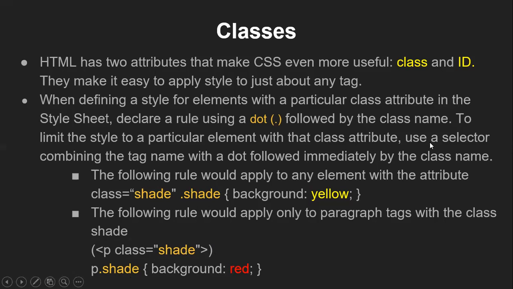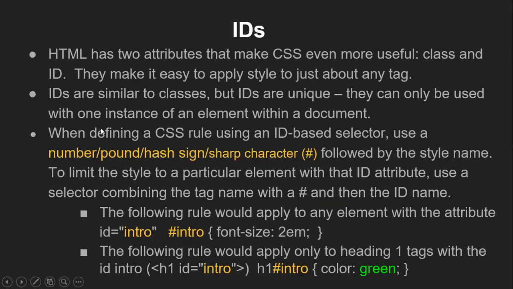The same way we did for class is also applicable to ID. IDs are similar to classes, but IDs are unique. You can have multiple class names in your page, but it is not ideal to have more than one ID on a web page.